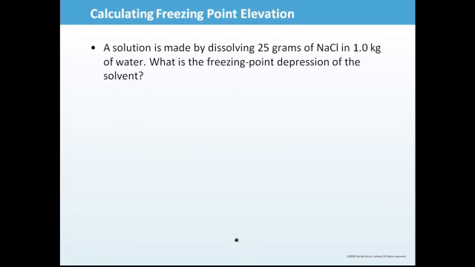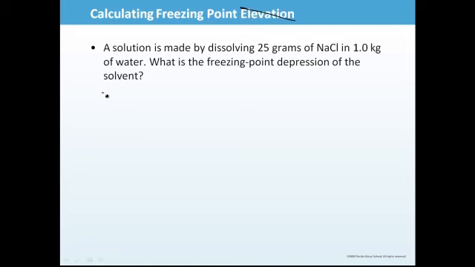And again, this time we are dealing with depression here, and we are dealing with an ionic compound. Alright, so this time we have NaCl. We're dissolving 25 grams of NaCl in 1 kilogram of water. Okay, so they already gave us the kilograms in this one. They were nice to us on this one.